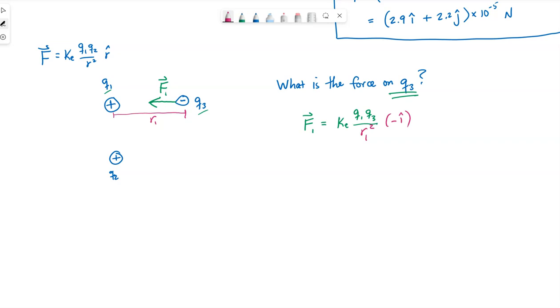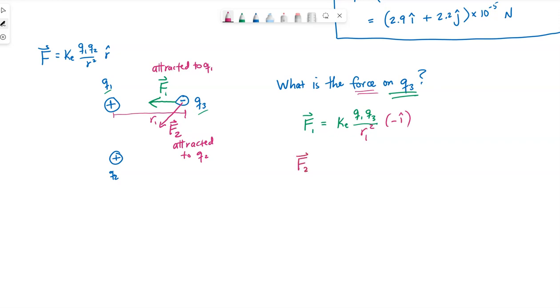Q3 is also being attracted to Q2. I'll call that force 2. So this one represents attracted to Q2. F1 represents it being attracted to Q1. So Q3 is experiencing two forces, which in turn will need to be added together to find out overall the force that Q3 is experiencing.